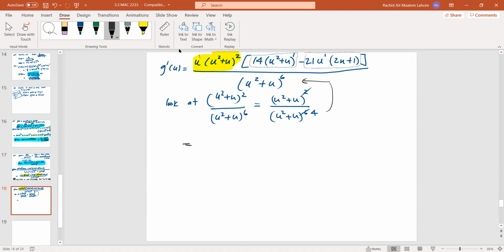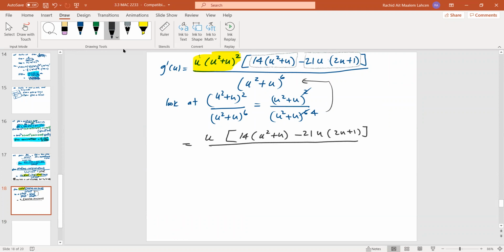But the u is still there. So none are gone. If you wonder what happened, that's what happened. So we simplify that. So we have 14 times u squared plus u, and I just put these ones here to show that they are 1, but we don't need to put them, so as not to confuse with prime or something. So 21u times 2u plus 1.